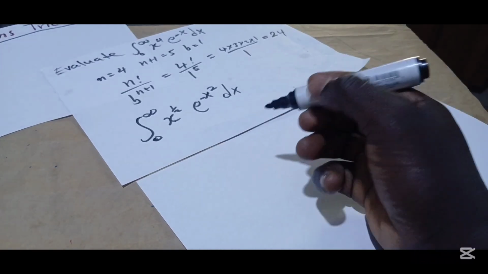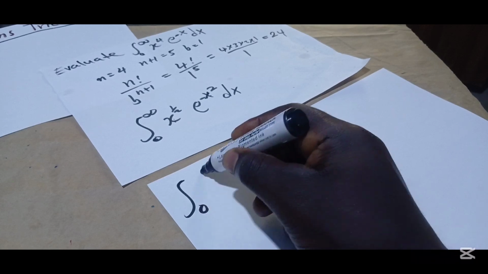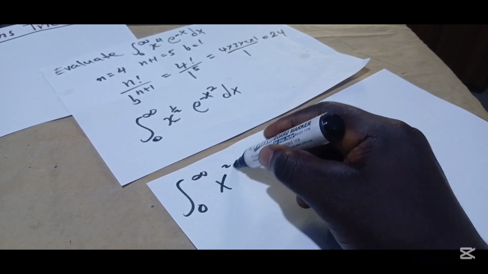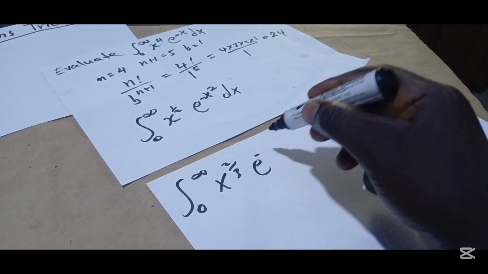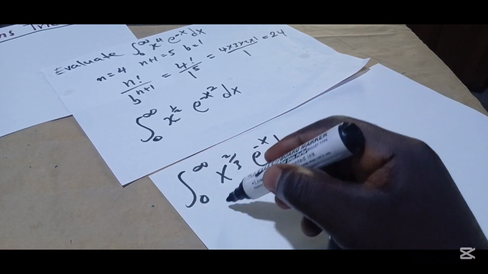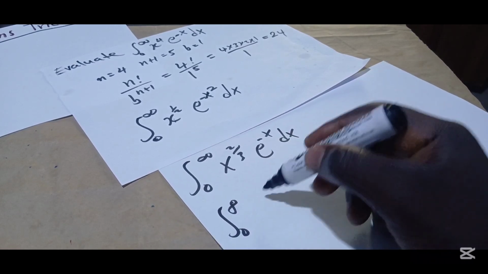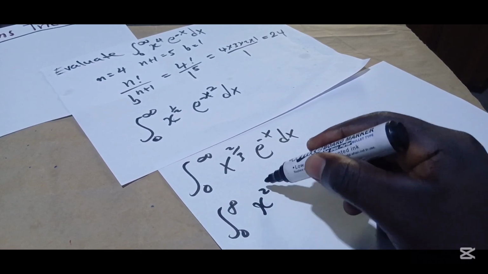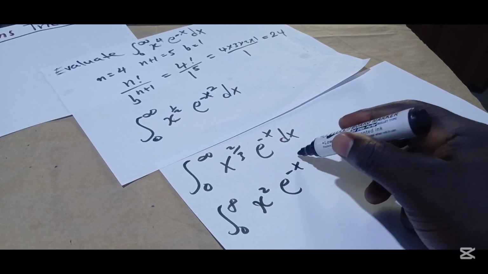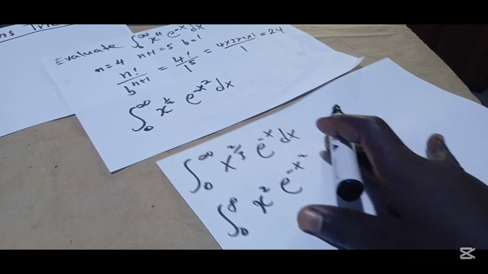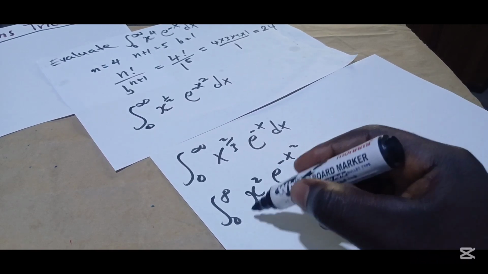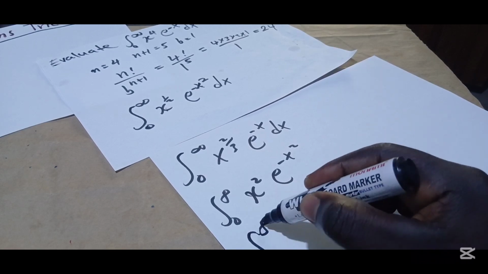So you cannot solve problems of this form, 0 to infinity x to the power 2 over 3 e to the power negative x dx, using the shortcut that we just talked about. It's kind of going to be tedious. Rather, you can use the normal gamma function idea to solve it with ease.